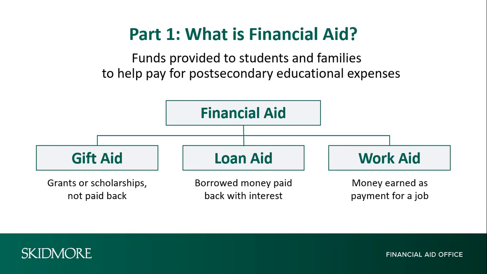But in addition to this gift type of financial aid, there are 2 other types. Loan aid, which is money that the student or parent borrows to help finance their educational expenses. Even though you can think of a loan as a loan, whether it's a student loan or any other kind of loan, it's money that needs to be repaid. The only reason the government lends money to students is because they're enrolled in college, and this criteria is what makes it part of the group of financial aid.